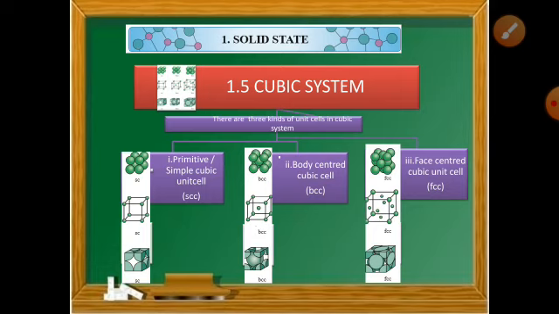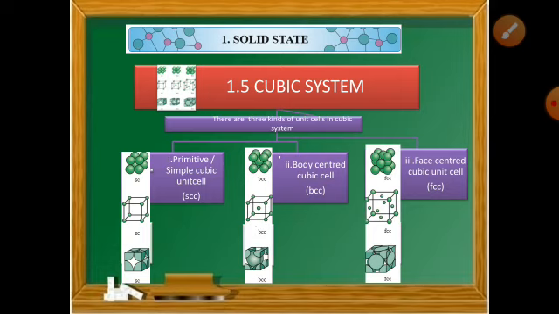Okay, now if we consider one unit cell, we can see that there are 8 particles. In case of the second, one particle is present at the center and 8 particles are present at the 8 corners. So 8 plus 1, that is 9 particles, we can see in a single body centered unit cell.